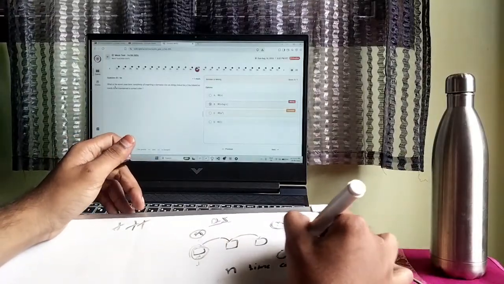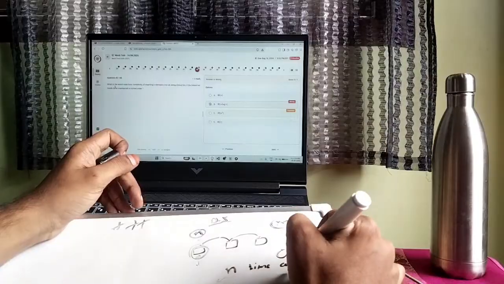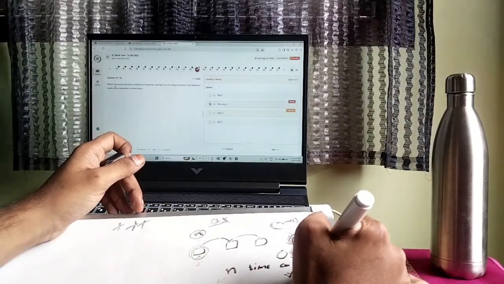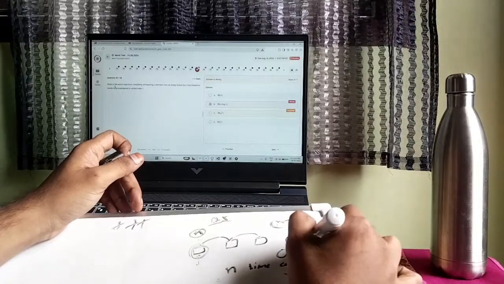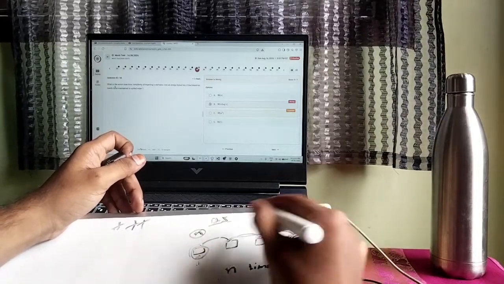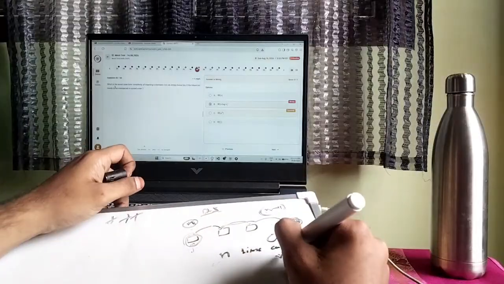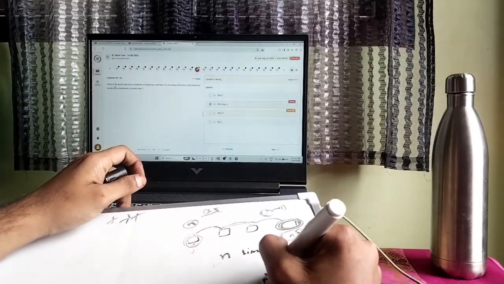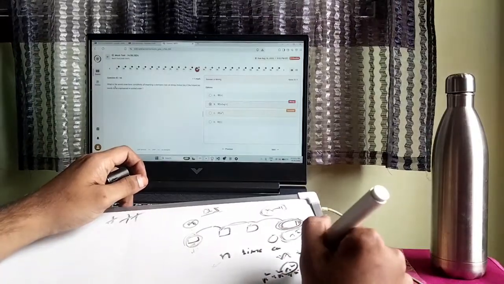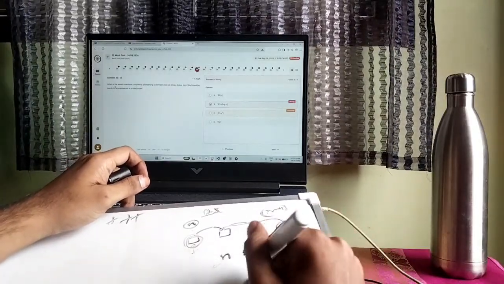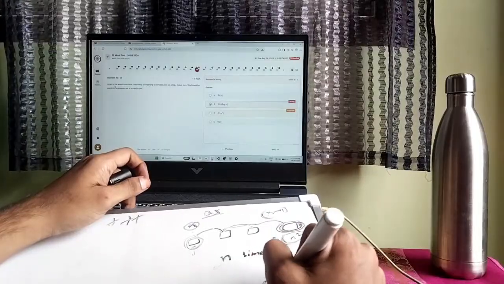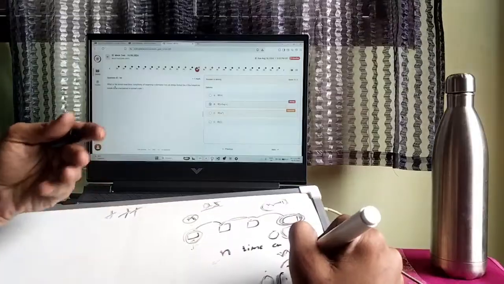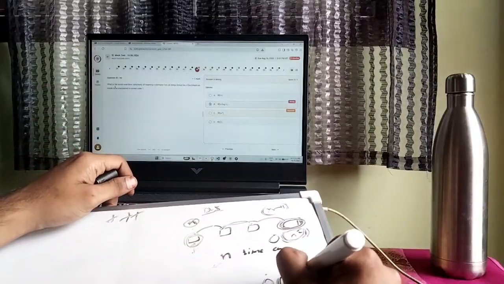So to insert these elements it takes n time complexity, and to sort them it takes n time complexity, so the overall will be n square. We have to sum up all this, and it represents n square. So by this we get the answer as order of log n, not log n, order of n square.